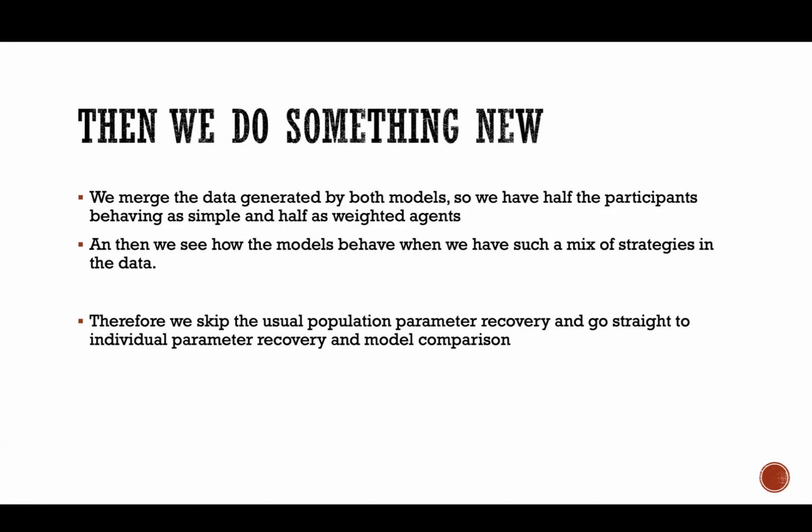We might have heterogeneity in the participants, and it's important to be able to see that. Therefore, we actually skip at this stage the population parameter recovery, and we just go to individual parameter recovery and model comparison. It also makes no sense to have a population level parameter recovery because we're mixing two different populations.